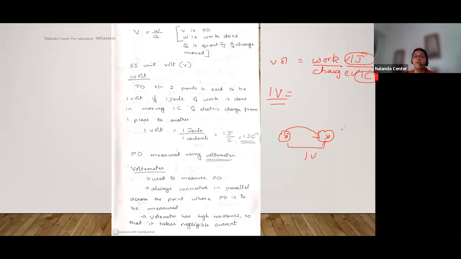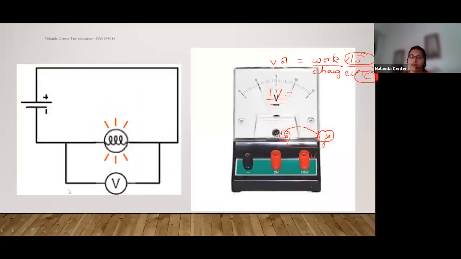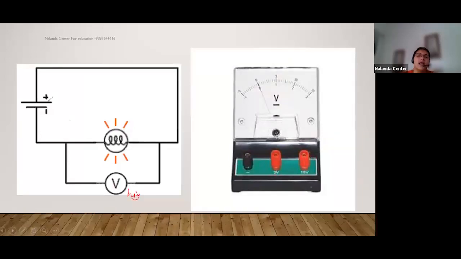Now, how do you measure potential difference? The measurement of potential difference is done using a device which is the voltmeter. This is used to measure. Voltmeter is generally made of high resistance material because when electricity flows through this, we don't want any electric current to enter into it. So there are 2 things.